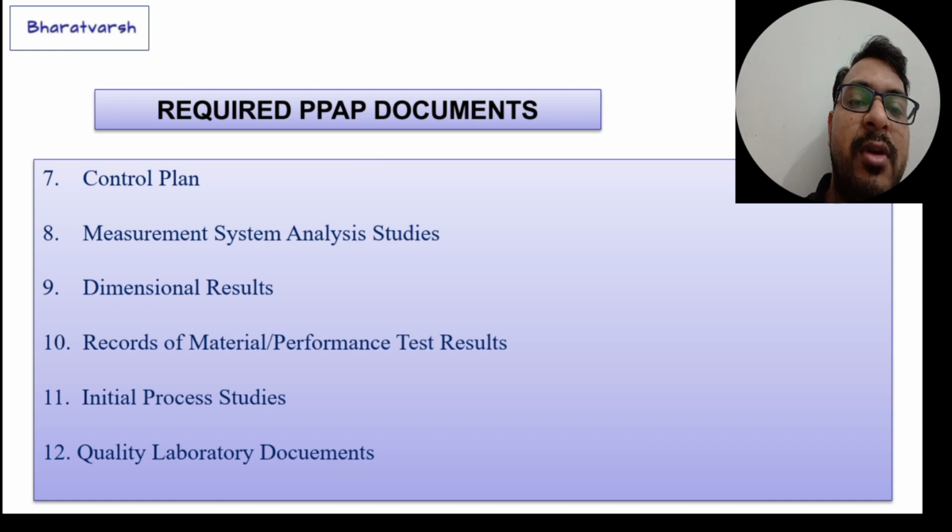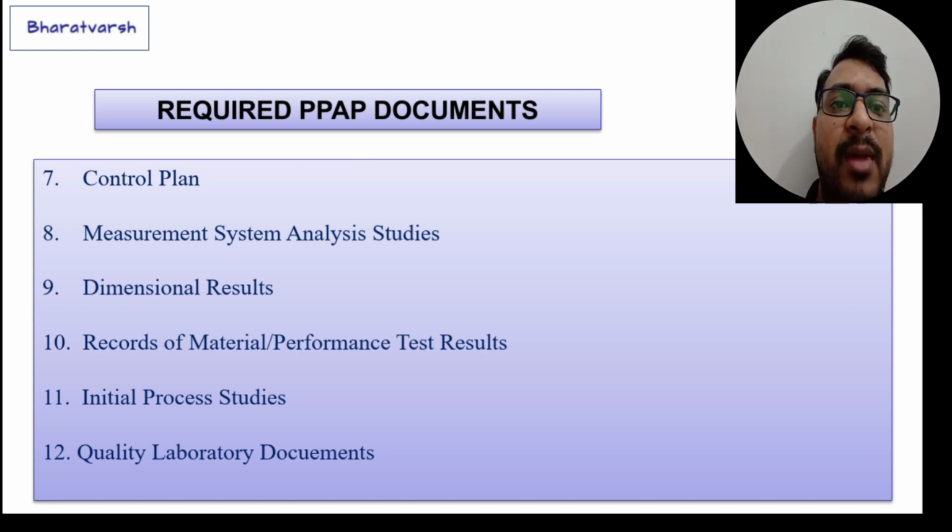Quality laboratory documents are those types of documents which we have to manage for inspection or testing equipment, like checking aids, instruments, and measuring instruments. Then we have to calibrate that measuring instrument through a third party, or an internal or external quality laboratory.